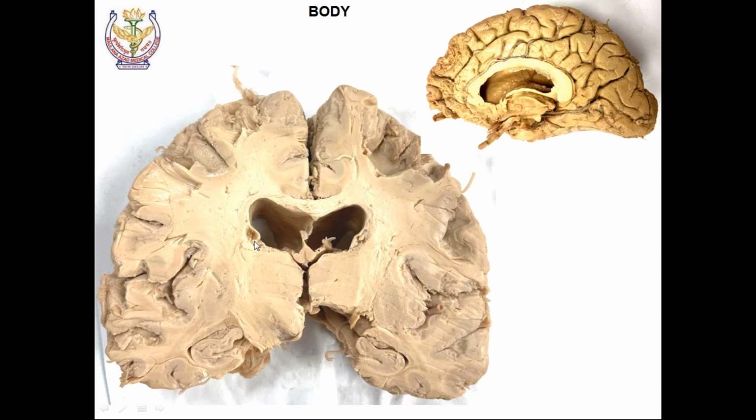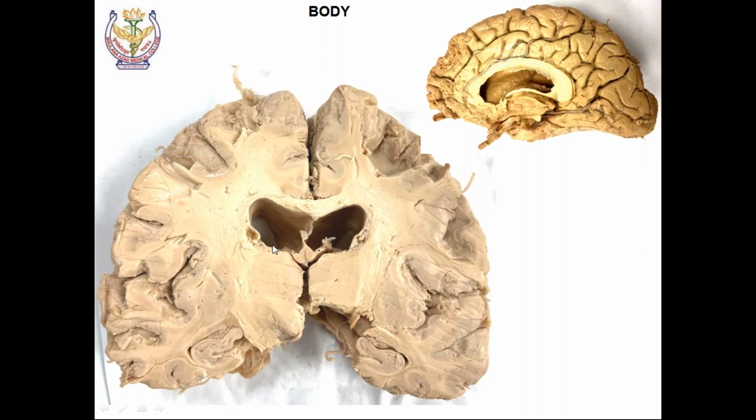While the lateral boundary, we find another group of neurons over here, which is the caudate nucleus, which was here. See, the section is at this place. So you can see the caudate nucleus laterally. So this is where the caudate nucleus is. And over here, we will find the thalamostriate vein.